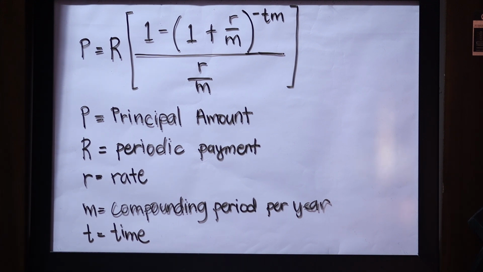So, kahit ano yung gamitin nyo, wala namang problema. Basta, you just have to make sure na it is under ordinary annuity, yun yung ginagamit na formula for principal amount and for future amount.